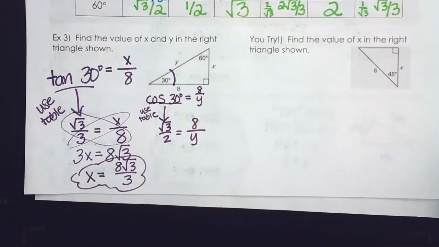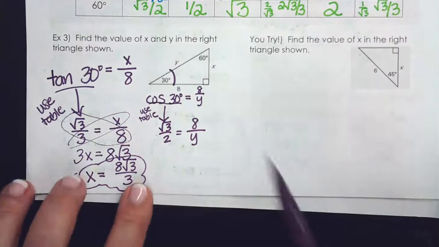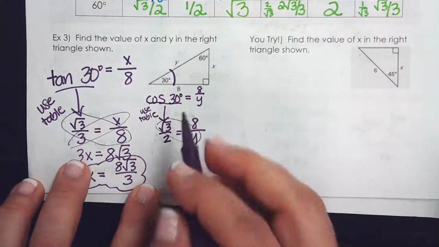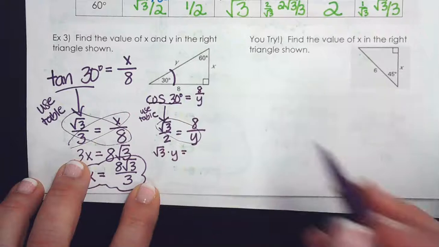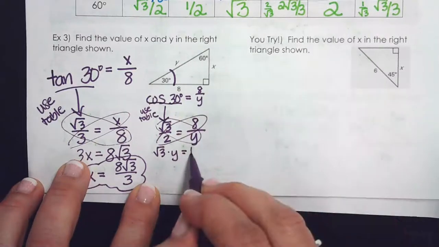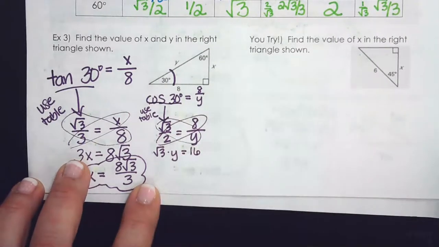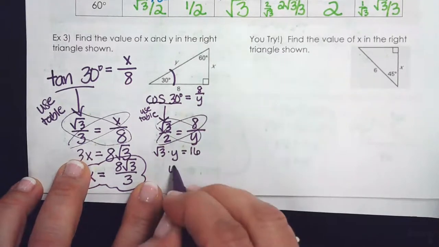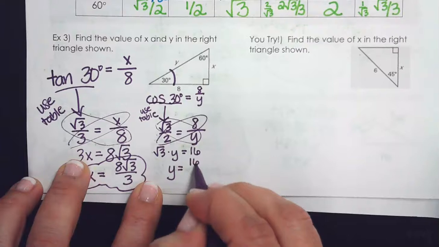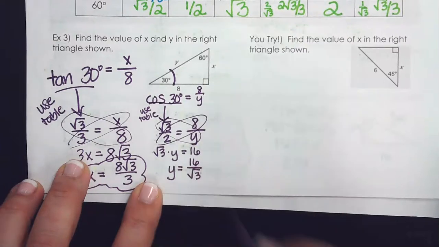Now let's cross multiply. I have root 3 times y equals 8 times 2, which is 16. To isolate y, I would need to divide by root 3, and I get 16 over root 3.